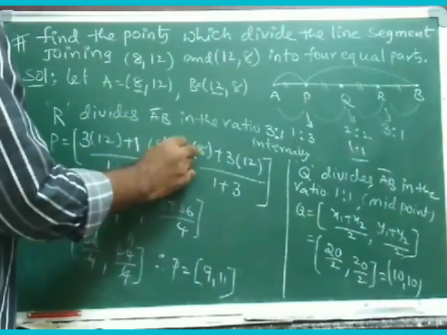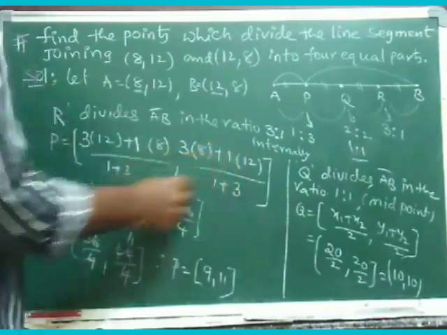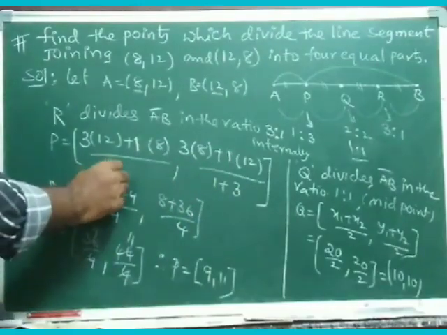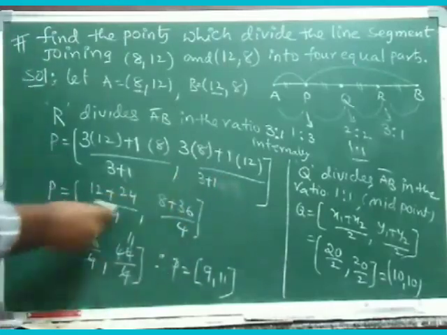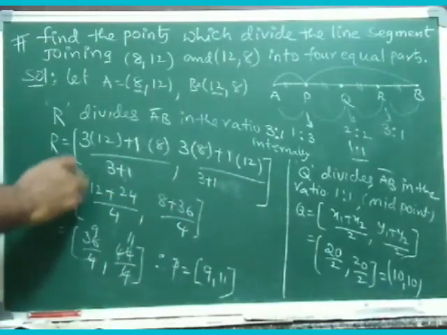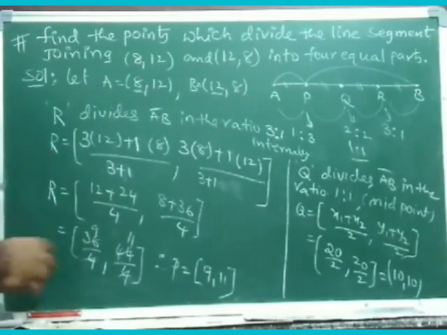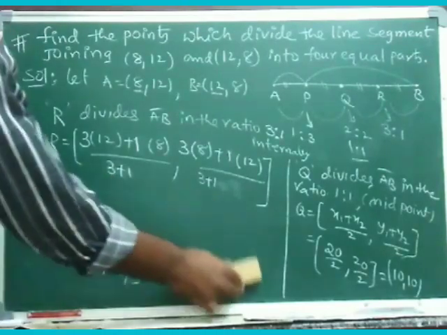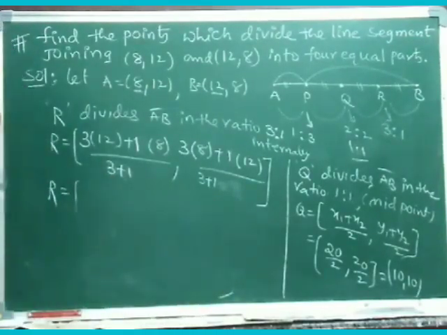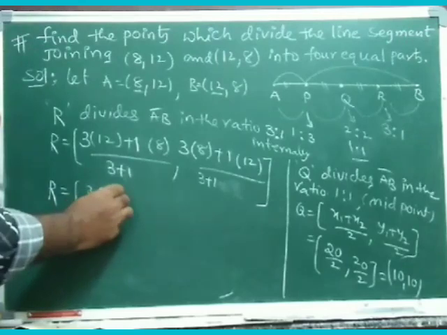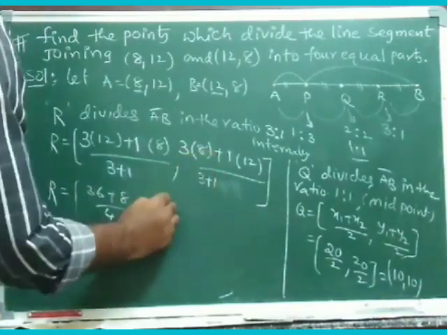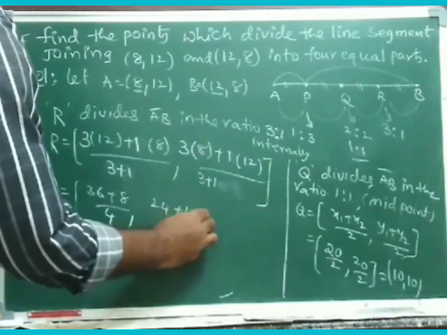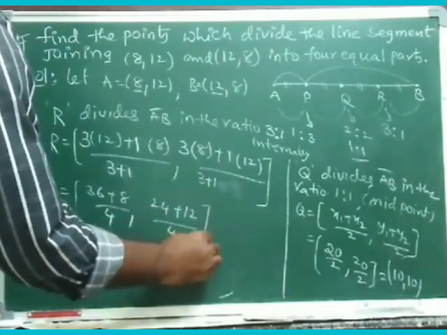Anyhow, 3 plus 1 or 1 plus 3 is finally the same. Now let us simplify R. 3 into 12, 36, plus 8, by 4, and this is 3 into 8, 24 plus 12 by 4.